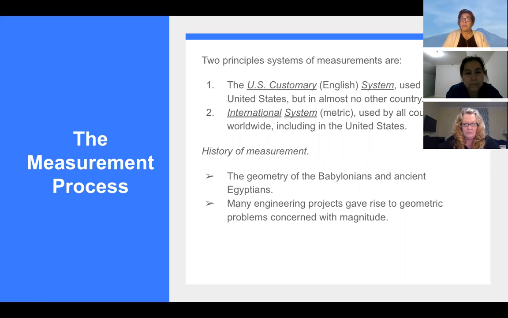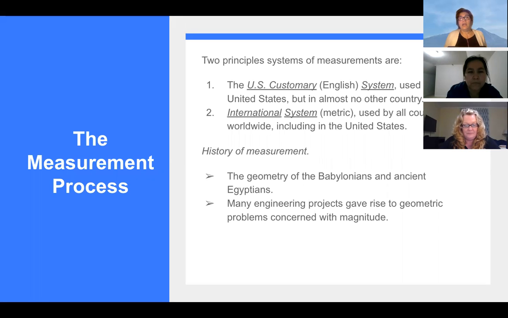So in the measurement process, we have two principal systems of measurements, which are the US customary and the international system, the metric system. So, a little bit of history of measurement: the geometry of the Babylonians and the ancient Egyptians.